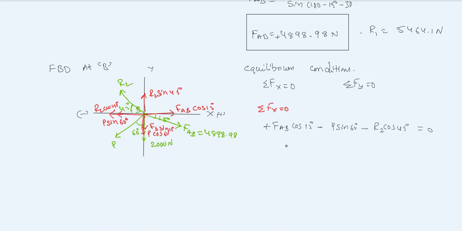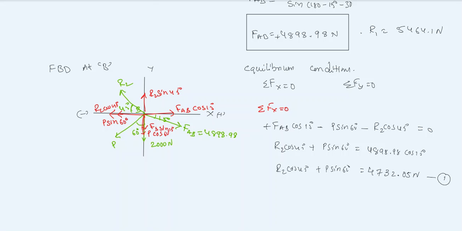So this equation can be rewritten as R2 cos 45 plus P sin 60 is equal to 4898.98 cos 15. If you calculate, you will get 4732.05 Newton. Take it as equation number 1.